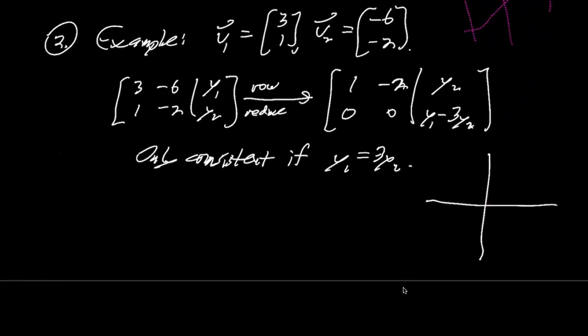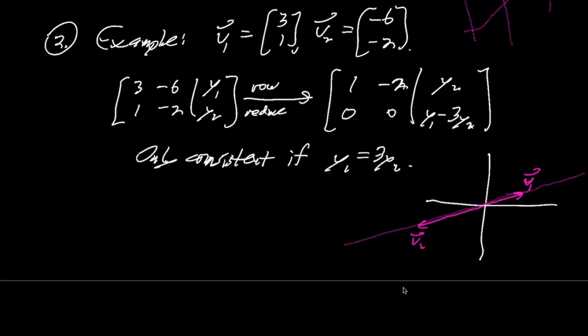Actually, let me make it a little shorter. So that's v1, and v2 is actually twice as long in the opposite direction. Now you have that problem: I can't escape this line. If I combine v1 and v2 just by scaling and adding, there's no way to escape this line.